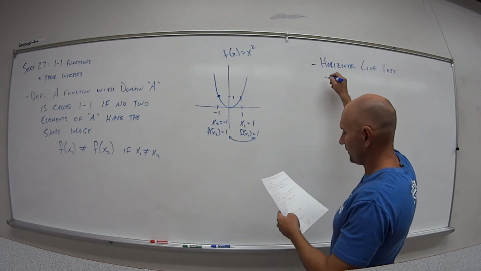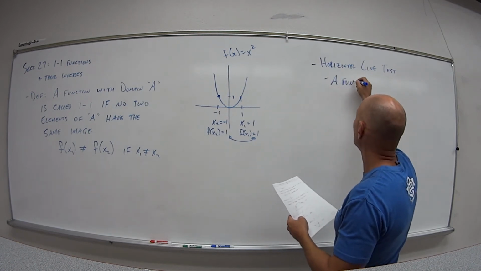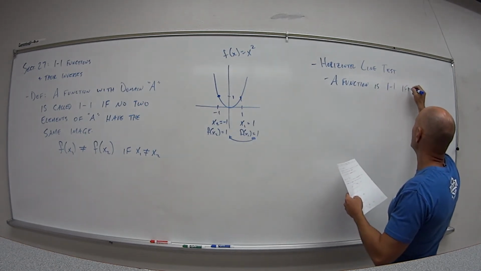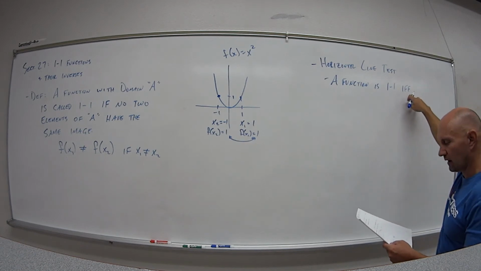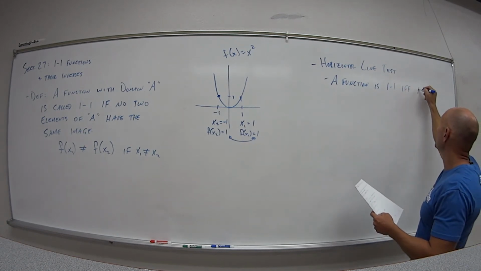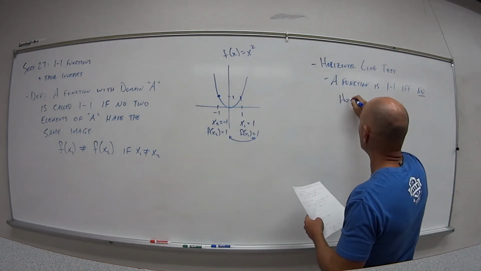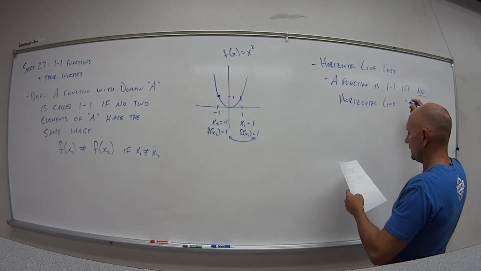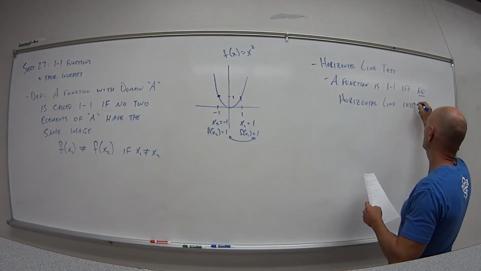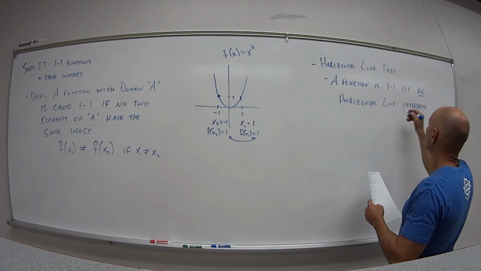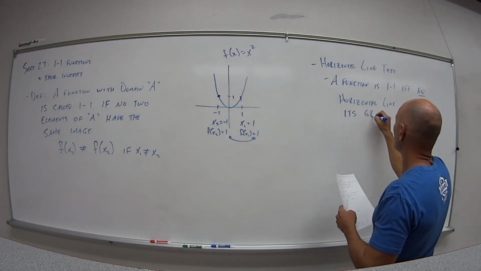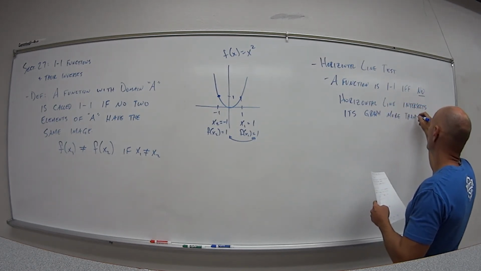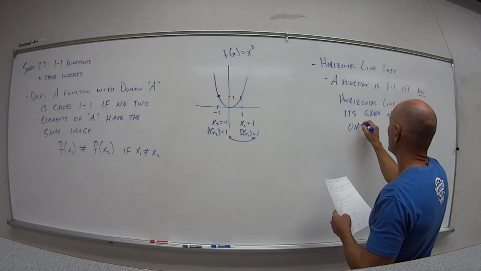The horizontal line test says that a function is one-to-one if and only if, and so this iff is our shorthand for if and only if, no horizontal line intersects its graph more than once. So similar to the vertical line test, but now it's horizontal.